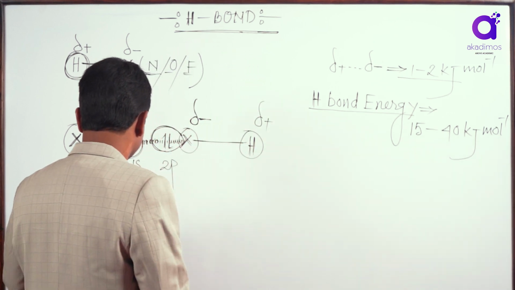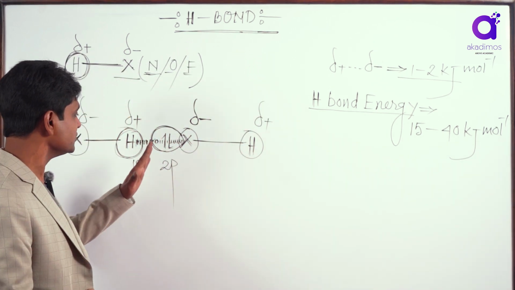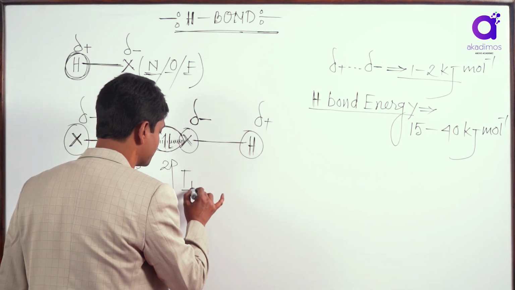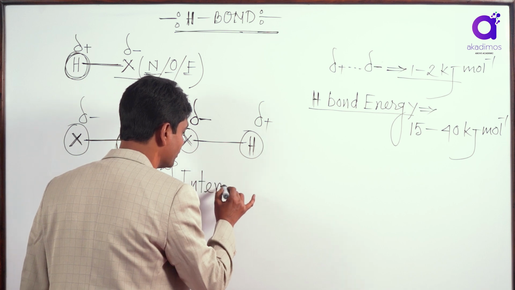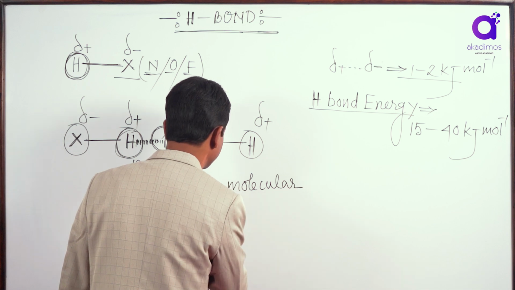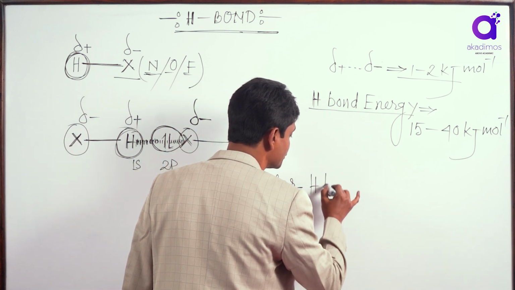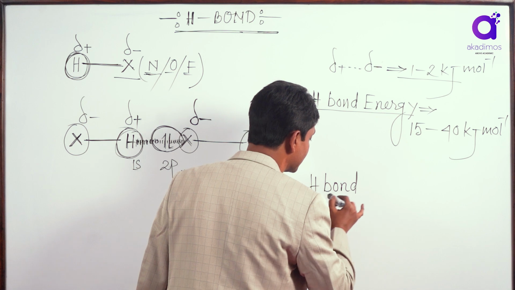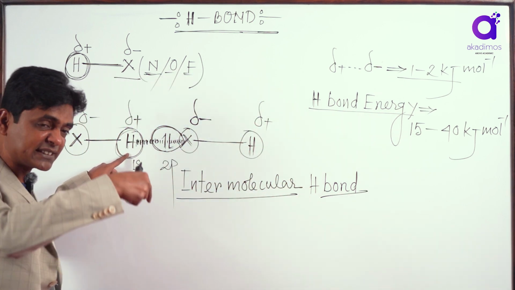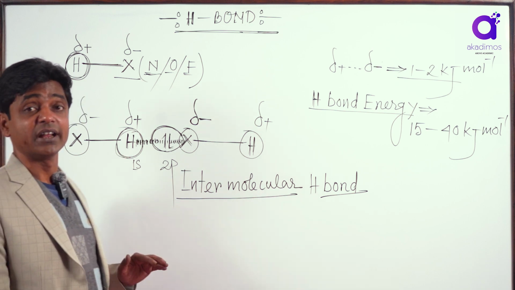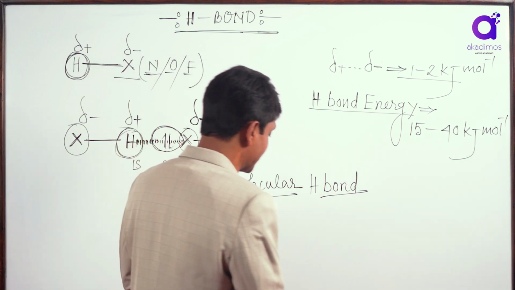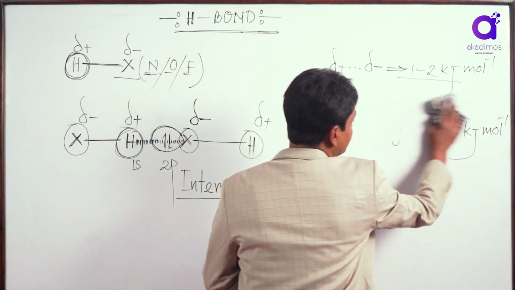Now, here I have shown the hydrogen bond that is intermolecular. It is intermolecular between two different molecules. Intermolecular hydrogen bond. Now, I told you, if this hydrogen makes a hydrogen bond in the same molecule, then it is called intramolecular hydrogen bond. See the example of intramolecular hydrogen bond.